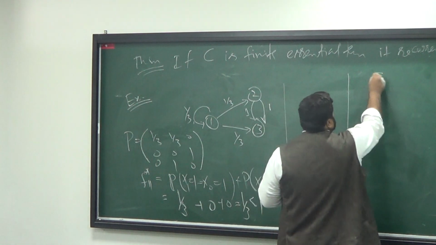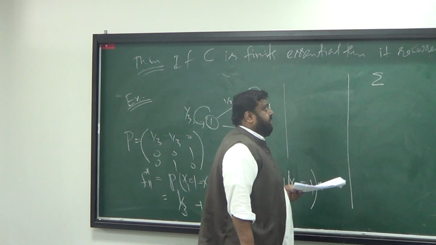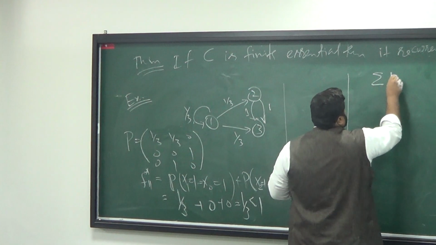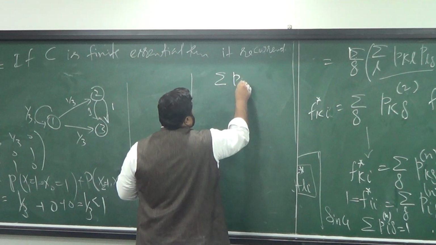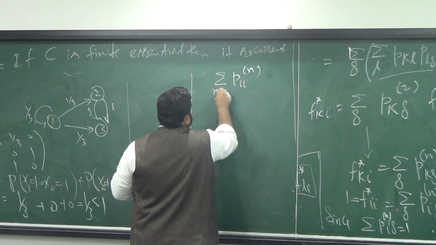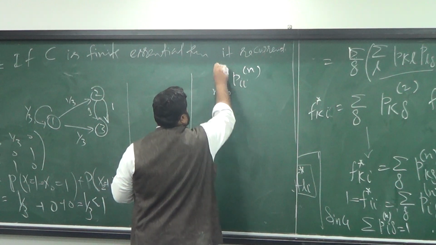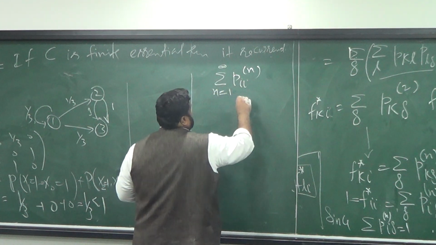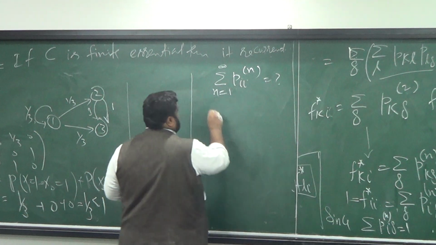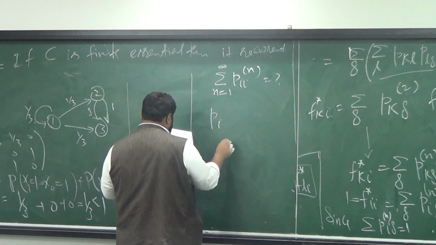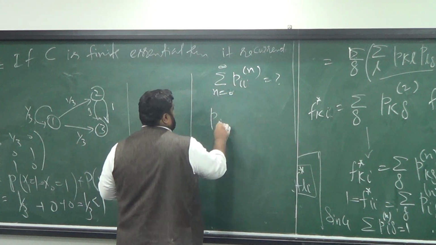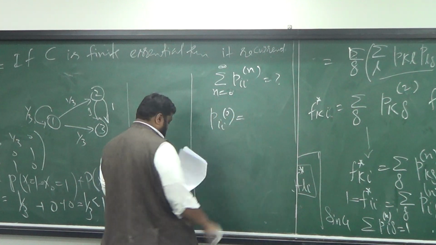Can I talk about, say, this P_ii series, from 0 to infinity? What would be P_ii, so it starts from 0? What would be the P_ii at 0?